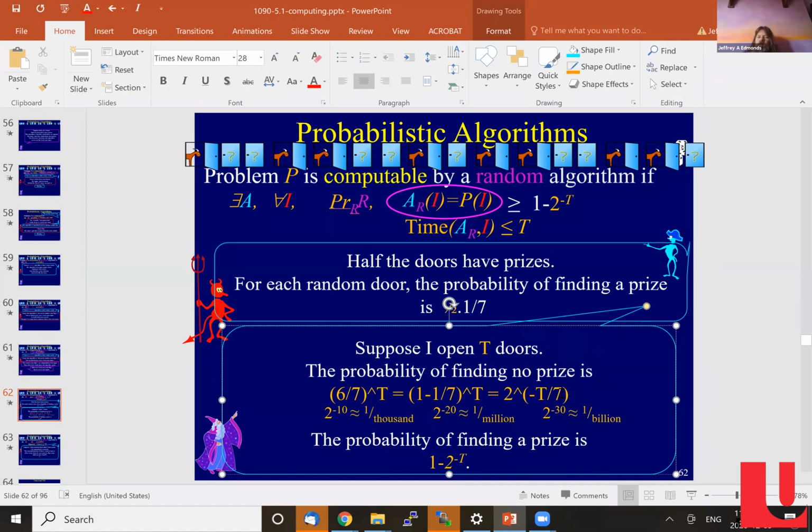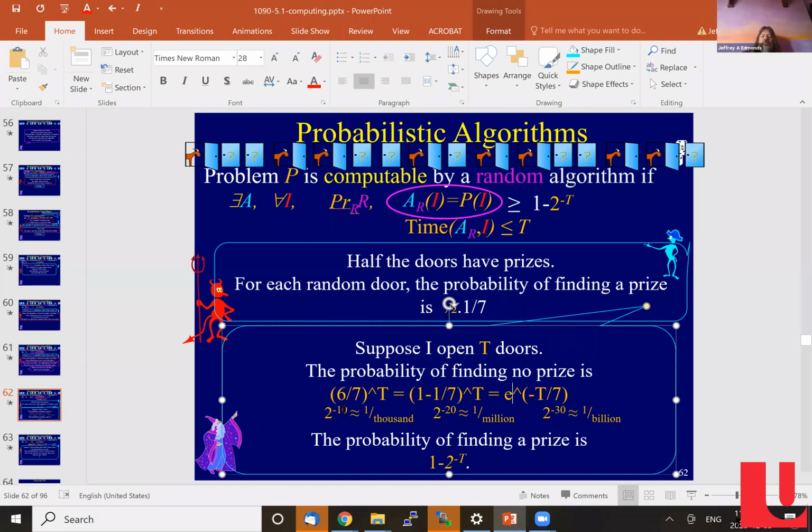If 1 in 7 has a prize, then after I look at 7 of them, I'm expected to get a prize. So actually, let's change this from a 2 to an e. You know, e is 2.17. If I looked at 7 doors, the probability I don't find a prize is about 1 in e. So if I do that t over 7 times, looking at 7 doors each time, then that becomes the probability. This is more math than we're going to cover right now.